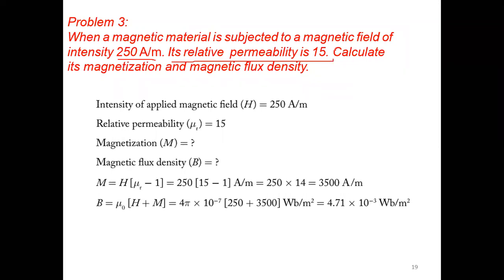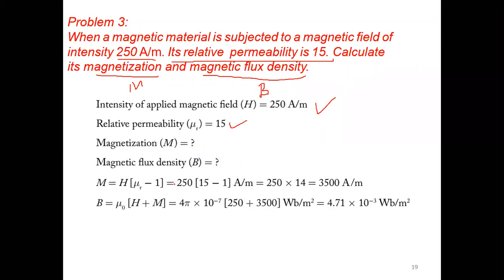It's called relative permeability. Now your task is to calculate magnetization M and the magnetic flux density B. You solve it by yourself. The applied magnetic field is given, relative permeability is given. So you calculate M and B.